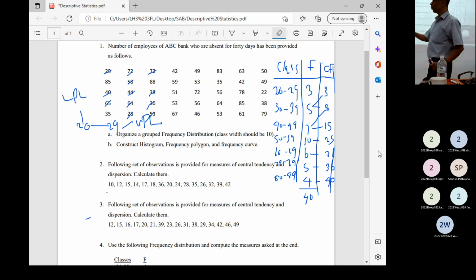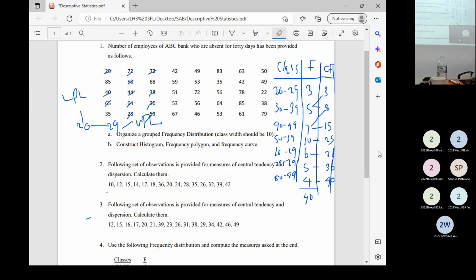Theoretical limits means when you organize the data as 20 or more, less than 30, 30 or more, less than 40, the practical limits will be the real limits. If you have organized data as 20-29, 30-39 like that, add 0.5 to the upper limit and subtract 0.5 from the lower limit, then you can obtain 19.5 and 29.5.